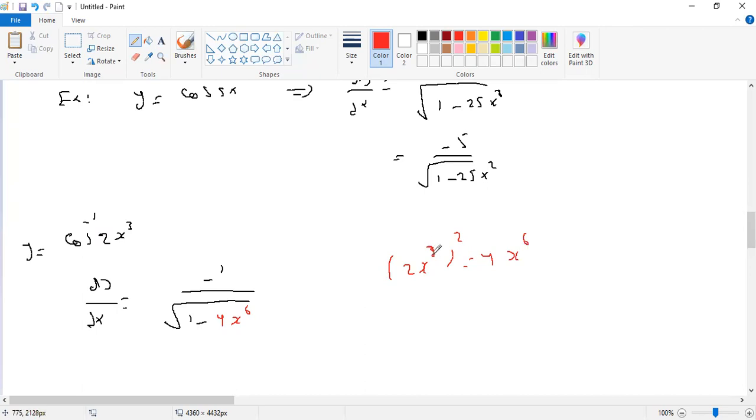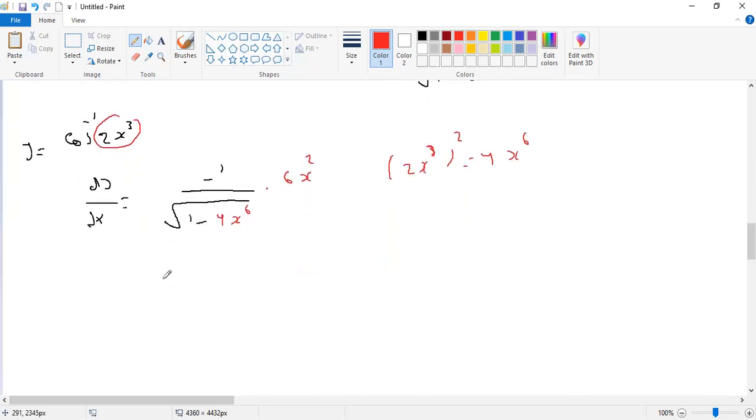Because 3 times 2 is 6. Now multiply by the derivative of 2x cubed, which is 6x squared. So the solution is negative 6x squared over the square root of 1 minus 4x to the power 6.